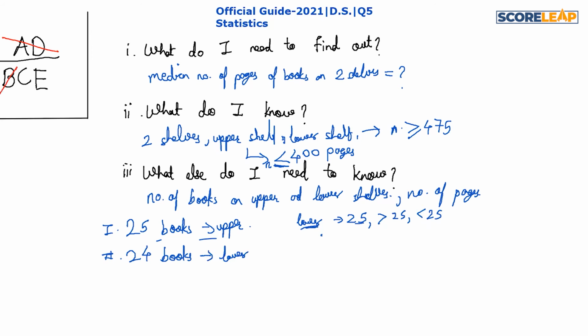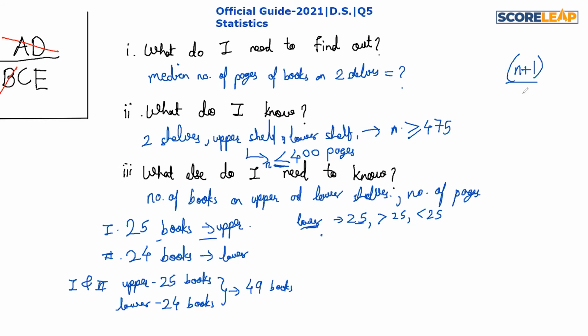Now let us combine both of them and check whether we can get an answer. The upper shelf has 25 books and the lower shelf has 24 books, so there are a total of 49 books. For an odd number of terms, the median is the (n plus 1) by 2th term.